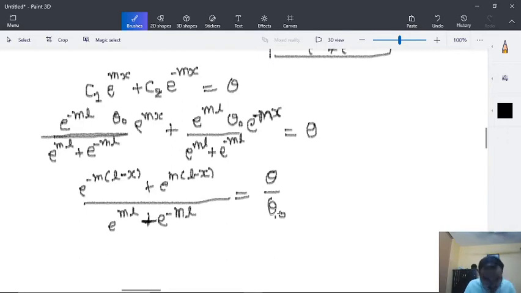Okay, so we have obtained our first equation.